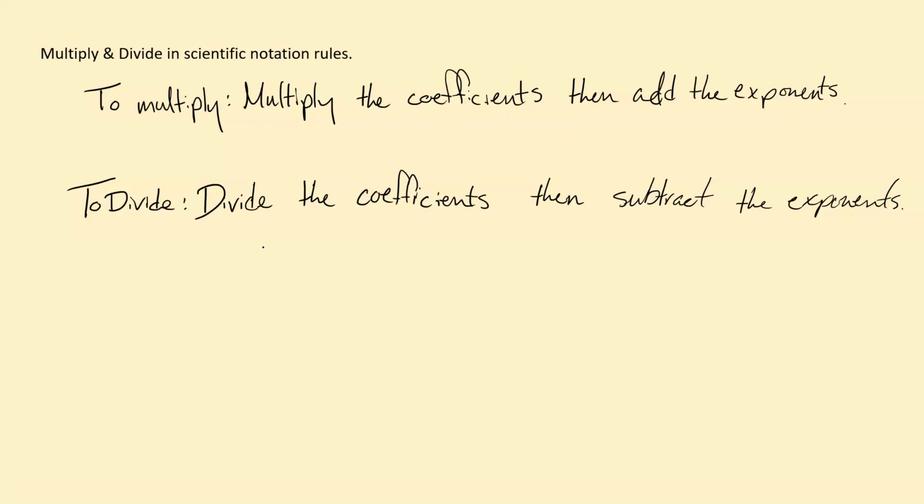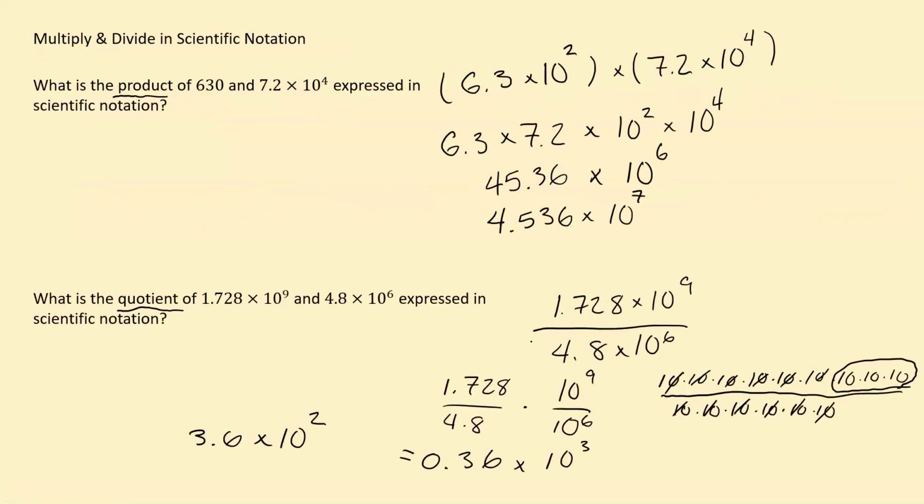And then to divide, you want to divide the coefficients, then subtract the exponents. So just like we did in this example, we had the coefficients 1.728 and 4.8. We divided those, we got the 0.36, and then we had our exponents and we subtracted them. 9 minus 6 is 3. And then we converted.